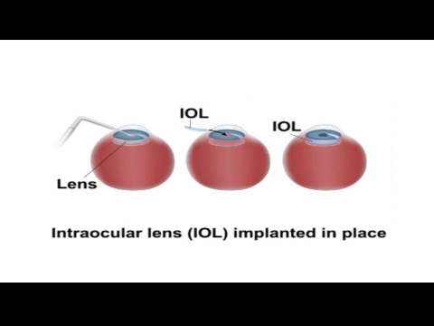Phakic IOLs for hypermetropia are specially designed foldable, convex, thin lenses implanted in the posterior chamber behind the iris and in front of the normal crystalline lens.